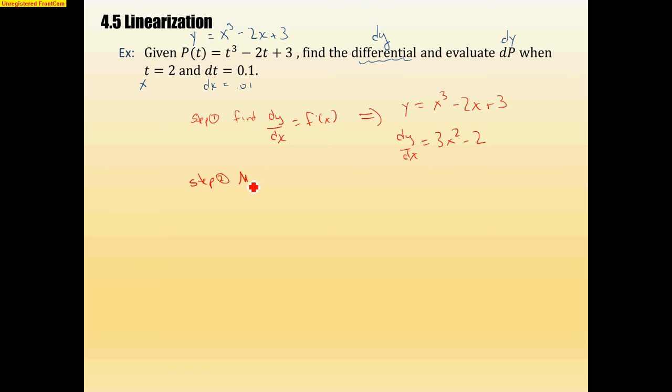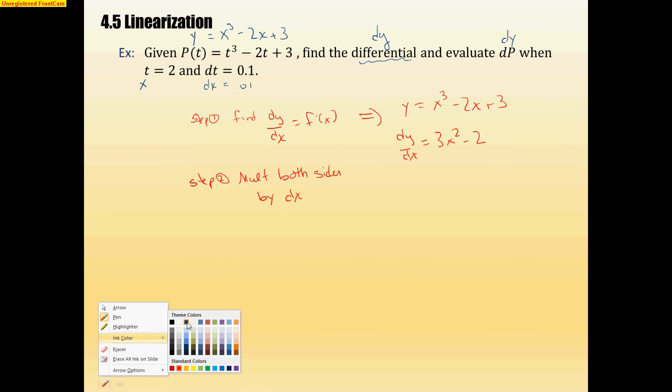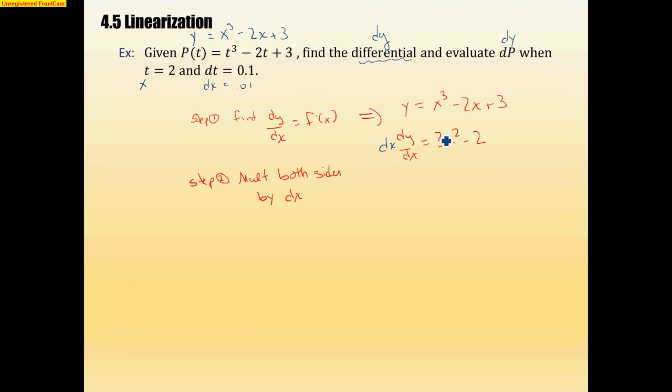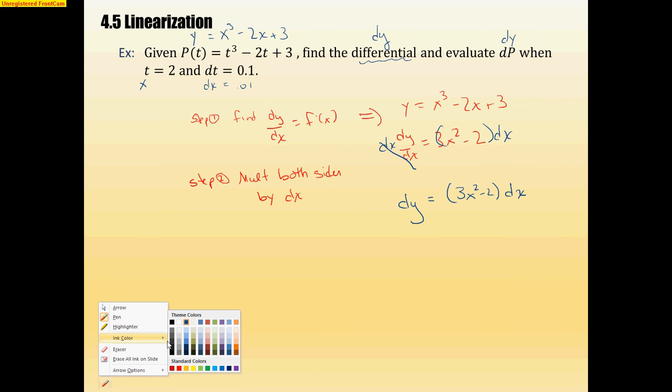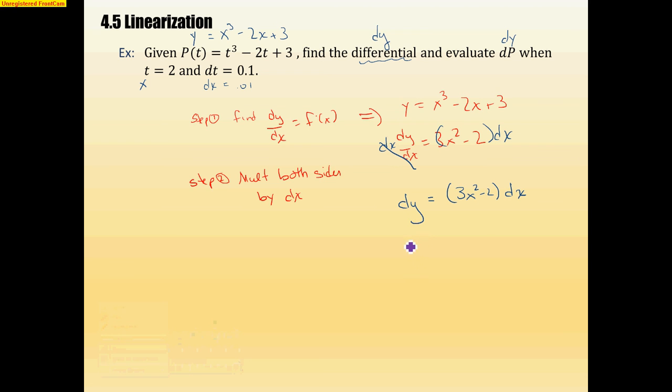Multiply both sides by dx. The dx's cancel out and you end up with dy, the differential of y, is equal to f prime of x times your teeny tiny change in x. Now they've given me stuff to fill in.